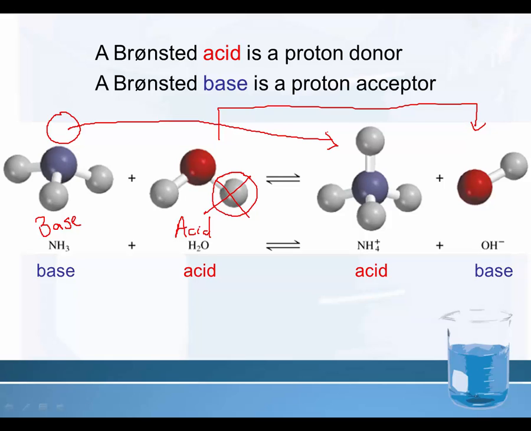Conjugate just means that it is what formed from the original acid. Conjugates are always on the right-hand side of the reaction. So an acid always forms a conjugate base because it's got less hydrogens. And a base always forms a conjugate acid because the conjugate will have an extra hydrogen. Okay.